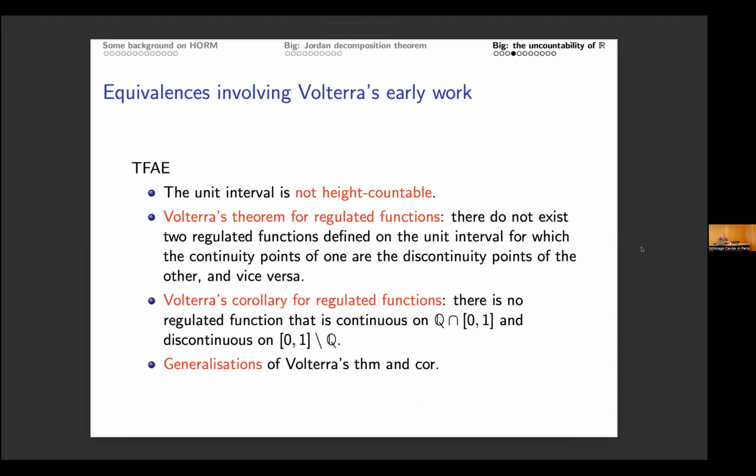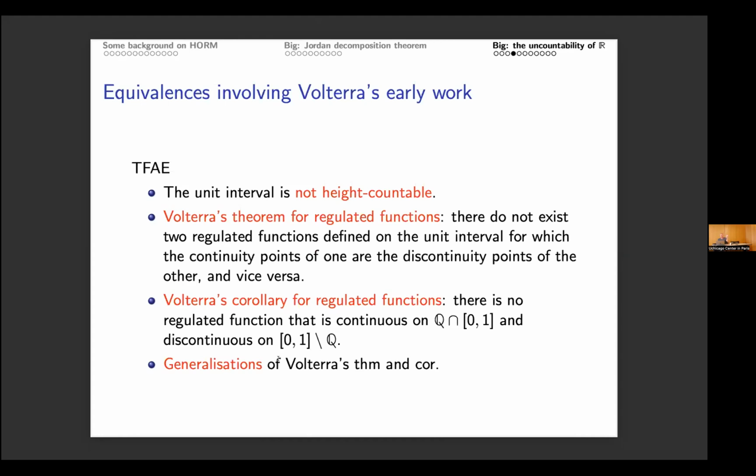So here we have Volterra's corollary for regulated functions. There is no regulated function that is continuous on Q and discontinuous on the complement. That's Volterra's corollary. Volterra's theorem is also equivalent, again for regulated functions. There are many generalizations, people have generalized this, and all this stuff is equivalent.